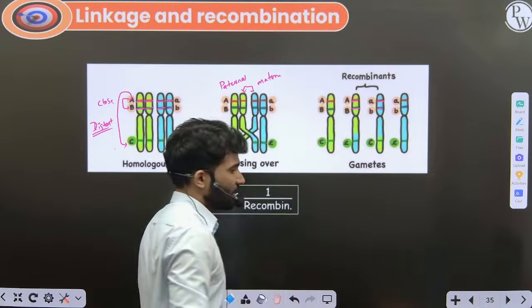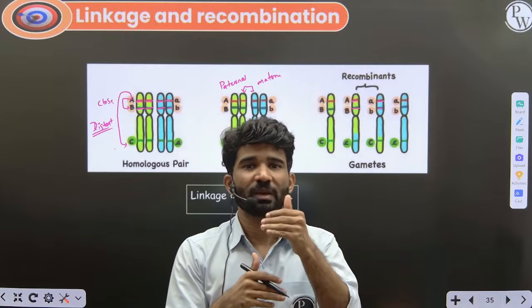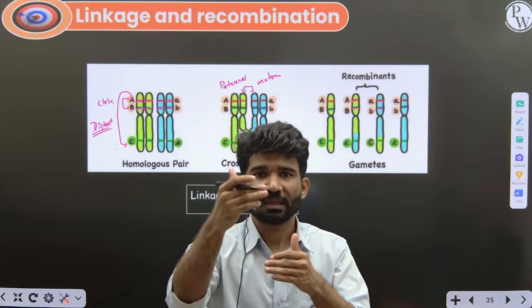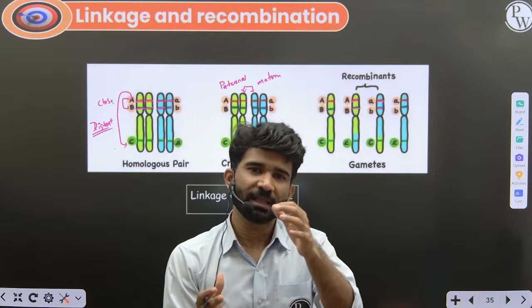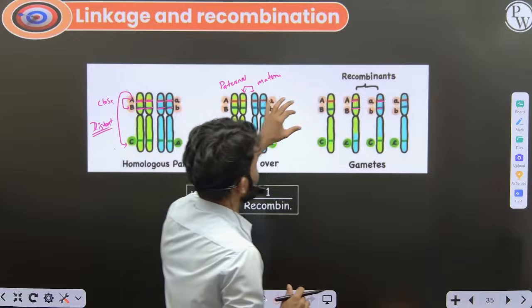The frequency of recombination between closely linked genes is less. When they are distantly located, there is a lot of possibility of recombination.